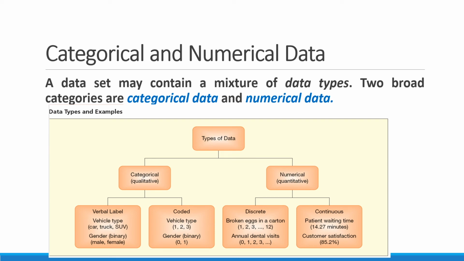Also, if we are describing cars according to model, we may have hatchback, station, or van. These values are verbal labels. For residence, we have villa, chalet, condo, apartment, studio, twin house, shared apartment. All of these are considered as verbal labels.